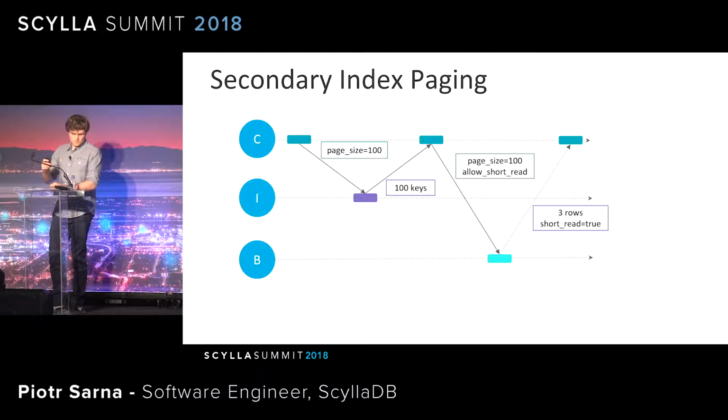Now, let's see the less optimistic example. The first part is the same. Coordinator asked for 100 rows. The index replica returned 100 keys. But then it turned out that base replica has really big rows, and only 3 of them were enough to hit the size limit, so we just returned 3, along with a special flag that says that our read is not complete yet.